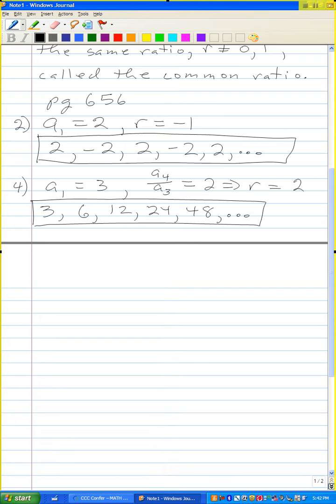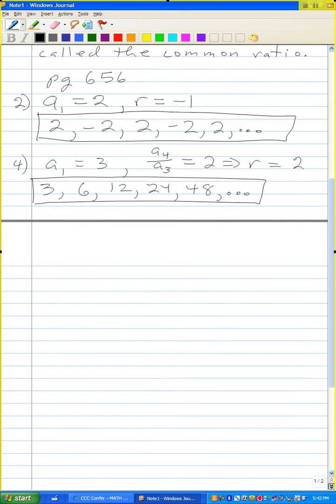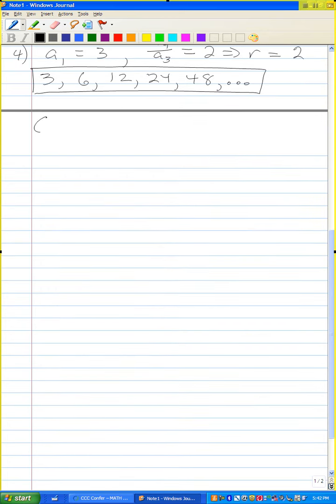And so, just like in the previous section, we can characterize what the general term of my geometric sequence will look like.